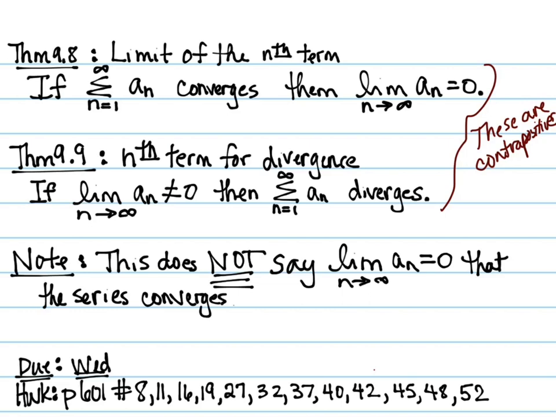Sometimes it does, and sometimes it doesn't. So just having the limit of the sequence approaching 0 or becoming 0 or equaling 0, I don't care what language you want me to use, but just having the limit 0 does not make the series converge. But if the series converges, then it would have had to have been true that that limit would have approached 0.